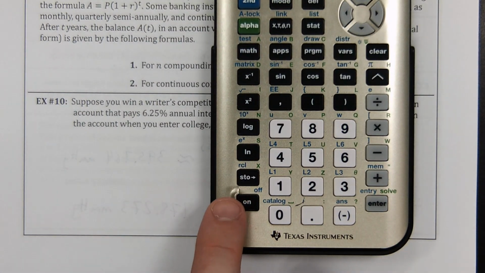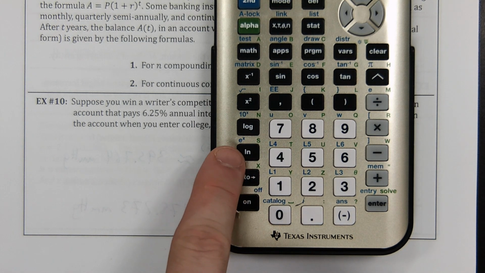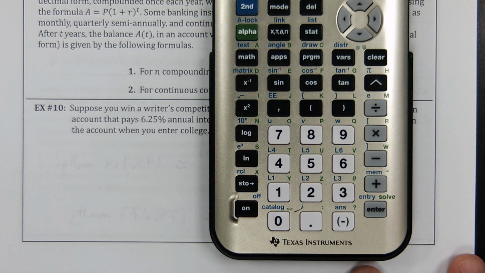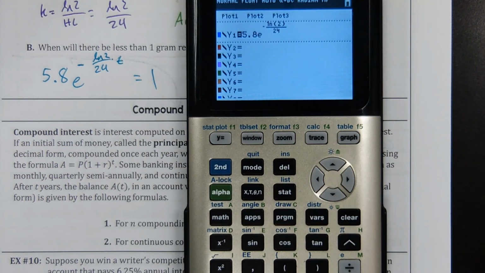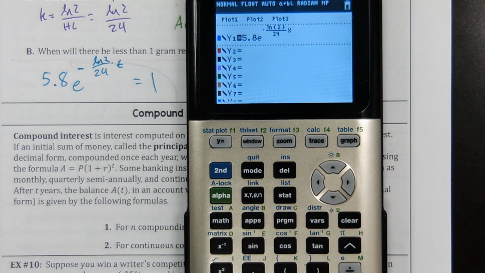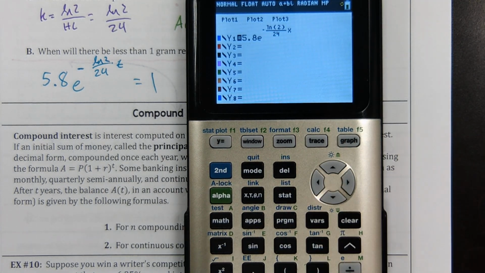Right here. Look, I just pointed at it. On store ln. No, that's e, because it's the inverse of ln. y2 is going to be equal to 1.